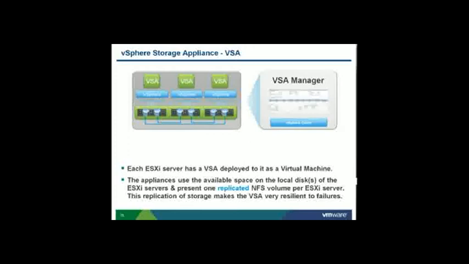The real nice thing about it, I suppose, is if you lose any one of these hosts, or if you lose any disks in any host, you have complete redundancy, which allows your operations to continue running. But the other important thing is you can now avail of HA and vMotion without the need for a centralized storage solution. The actual LUNs or datastores are presented out as NFS replicated datastores.